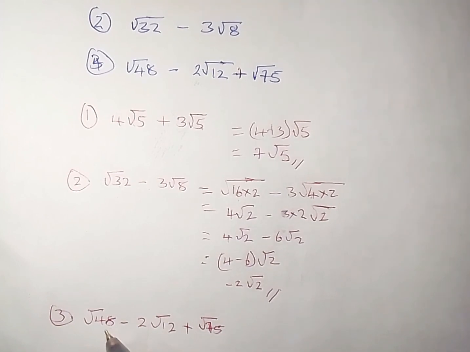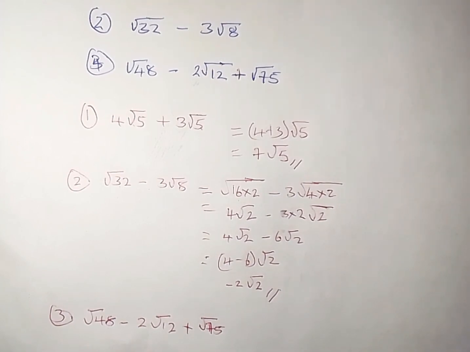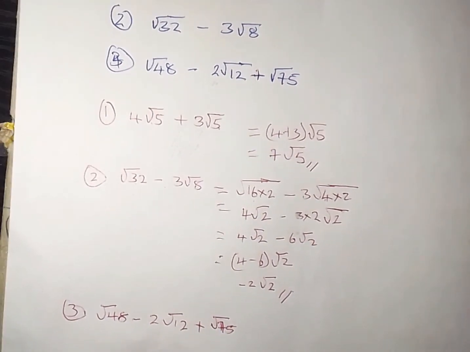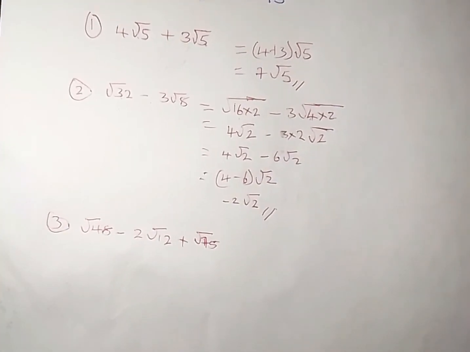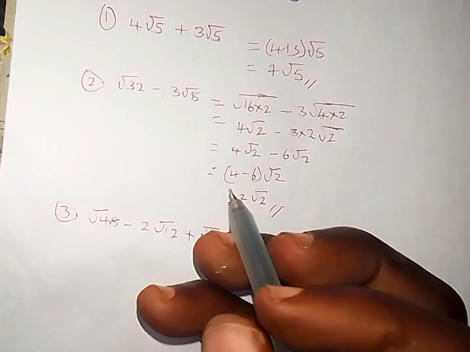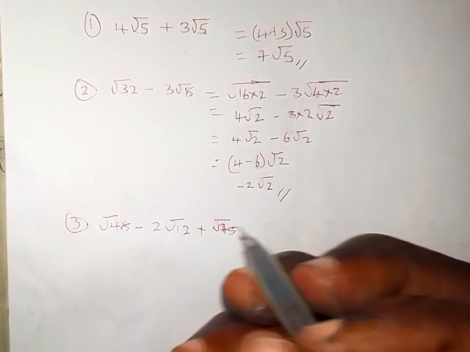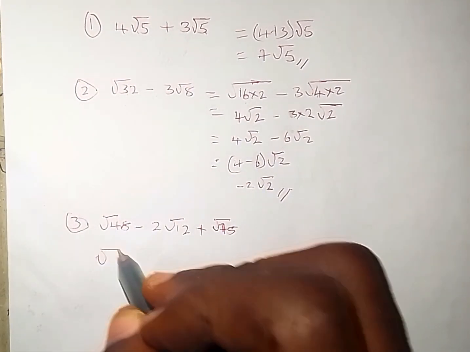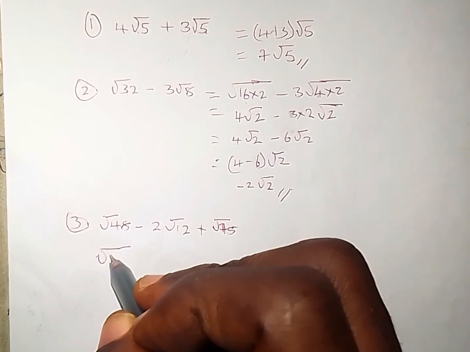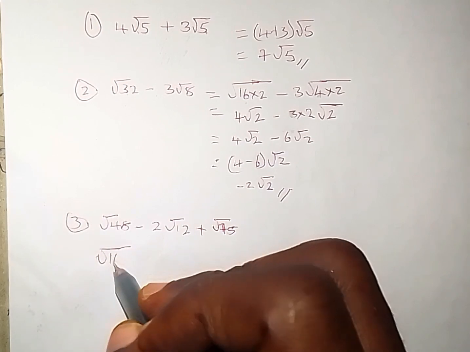Now also we need to express each of these surds in its lowest form. 48 can be written as a product of two factors, that is 16 times 3.